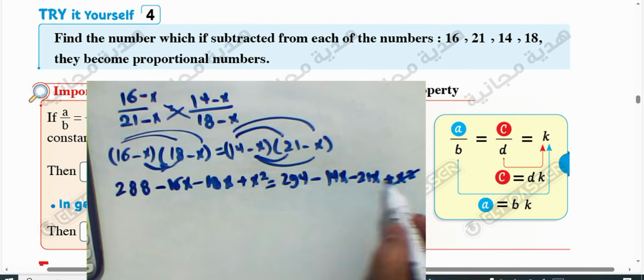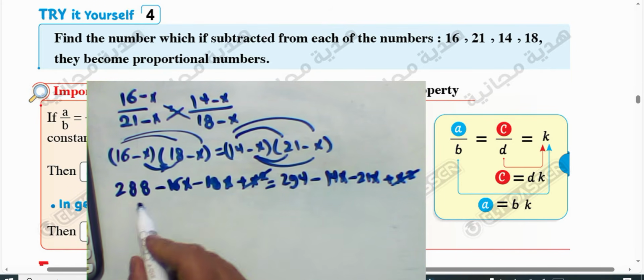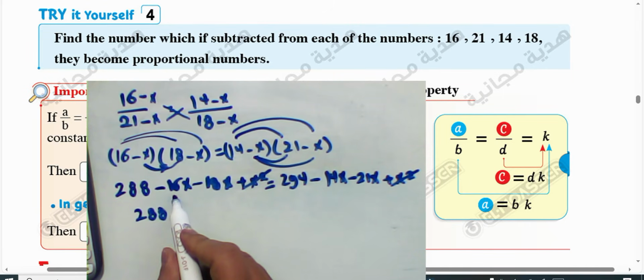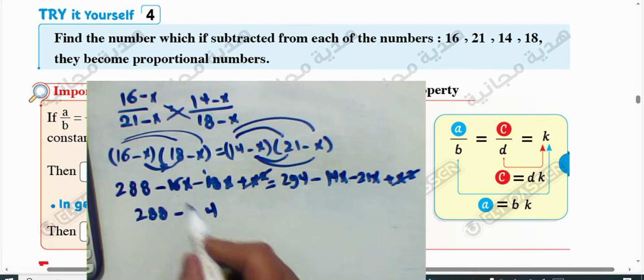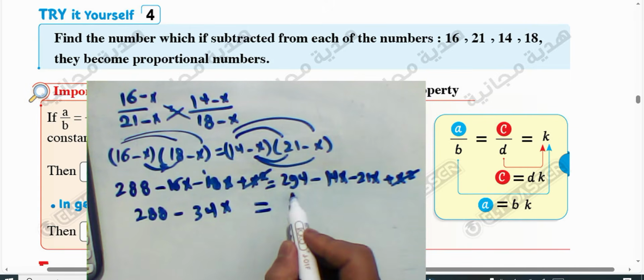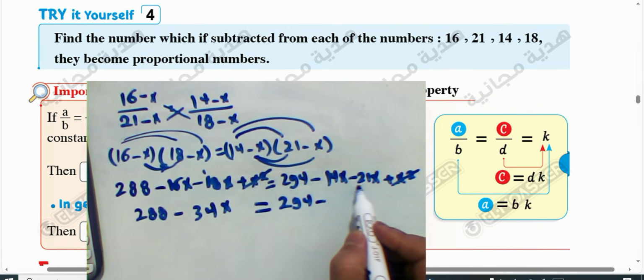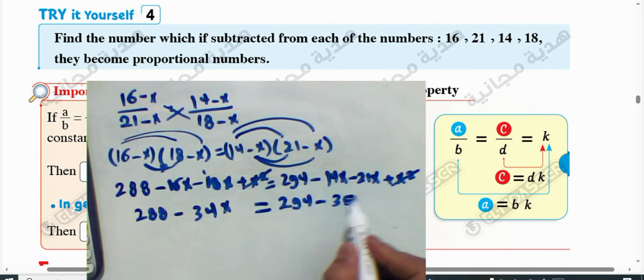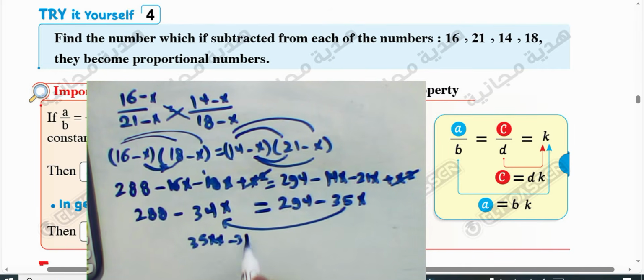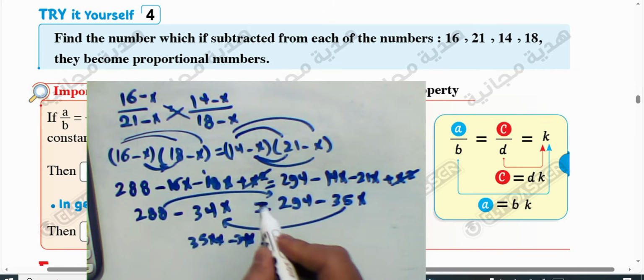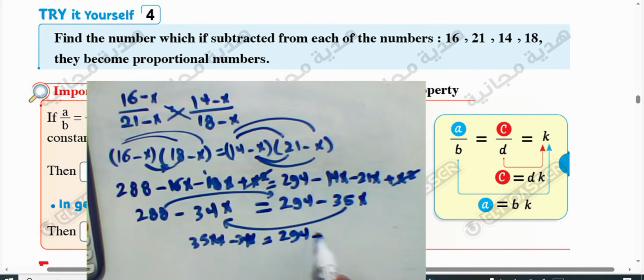Now I will simplify x squared subtract x squared equal 0. Write 288 negative 16x and negative 18x. Then we have 294 subtract 14x and 21x, which gives 35x, and 34x on the other side. Next step, move negative 35x, it will be positive 35x subtract 34x, and then move 288 here, it will be 294 subtract 288.